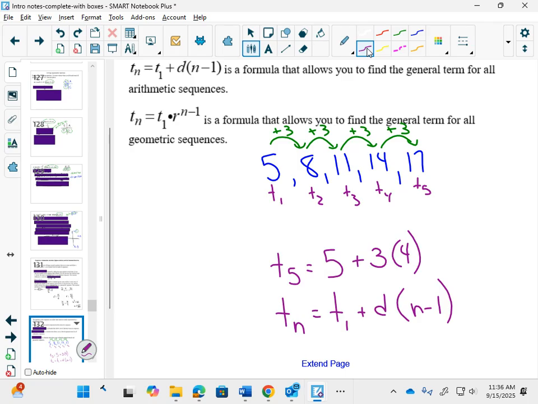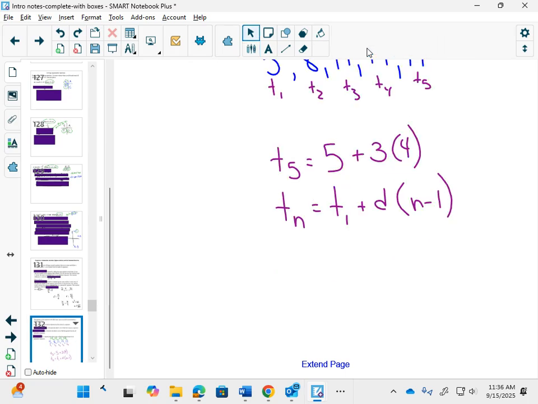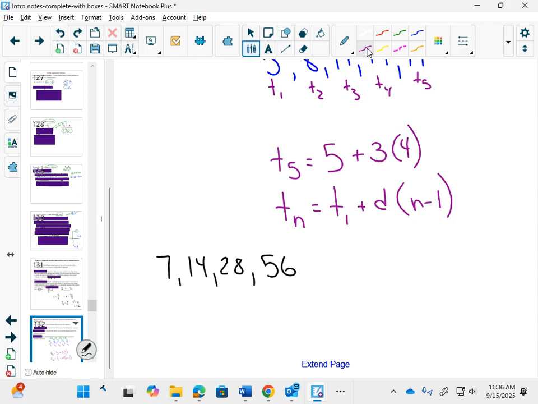Same thing, geometric. Could we do this same pattern? Let's say I'm multiplying by 2 and I'm starting with 7. Term 1, term 2, term 3, term 4. I'm multiplying by 2. Start with 7, multiply by 2. I didn't want to have a big number.